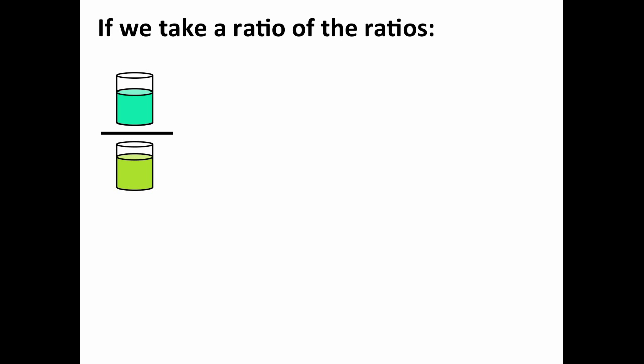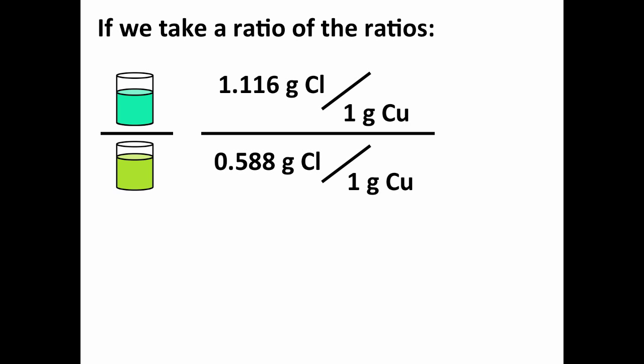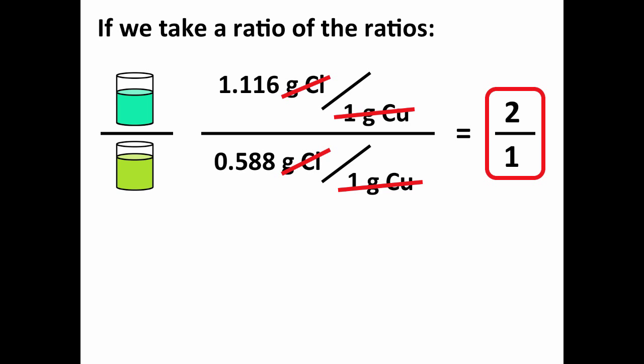We're going to take the aqua blue-green compound and compare it to the green compound, and the ratios were 1.116 grams of chlorine per 1 gram of copper to 0.588 grams of chlorine per 1 gram of copper, respectively, for the aqua and green compounds. Notice we can cancel out grams of chlorine and grams of copper, and so we have a ratio of 1.116 to 0.588, which is 2 to 1.